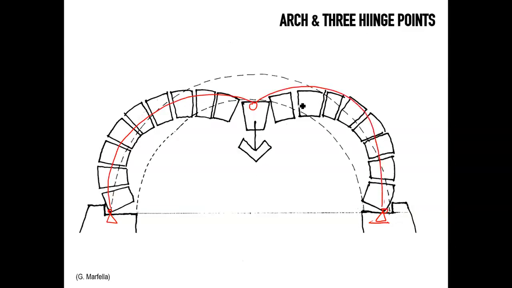Now, an arch with 3 hinges, obviously this is an exaggeration. The arches would tend to keep their shape more or less in a way that you would recognize as a semicircular arch. But the good news about this configuration is that it is an isostatic structure that is stable. In other words, it's in balance, provided that the 2 sides of the arch have stresses that are within the limits of the structure, and provided that each one of the voussoirs is not slipping in relation to another by an amount that the arch loses its continuity.